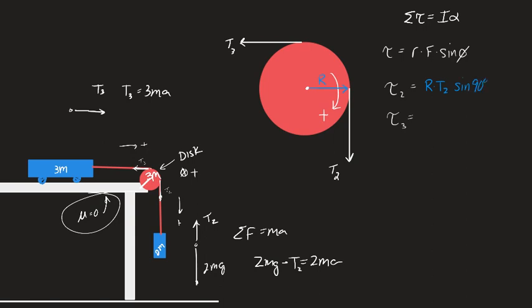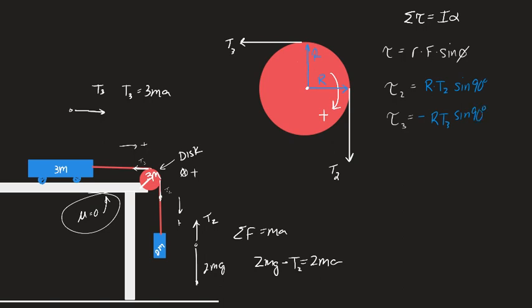I'll remind you that no matter what pulley you have, if it's a circular pulley, the string's going to come off it as a tangent, and therefore the angle will be 90 degrees. Torque 3 is going to be negative because it's acting in the opposite direction, but its torque arm is still R. So R T3 sine 90 degrees.